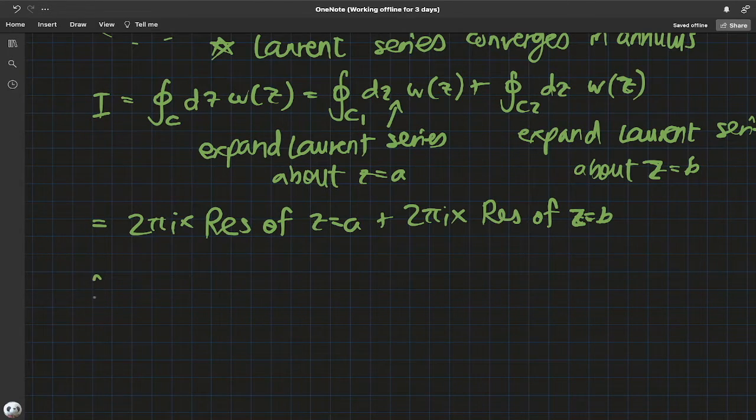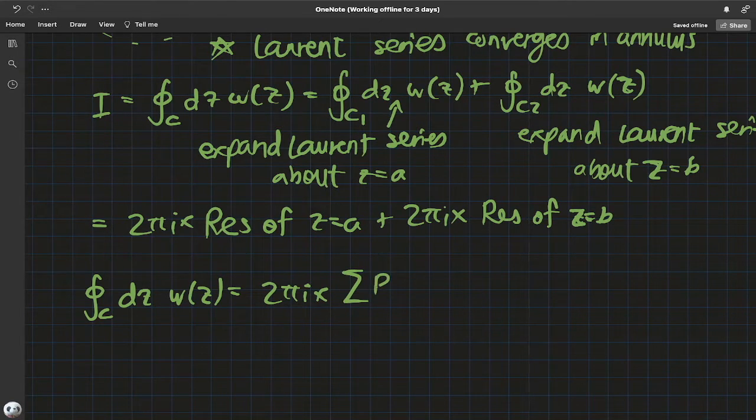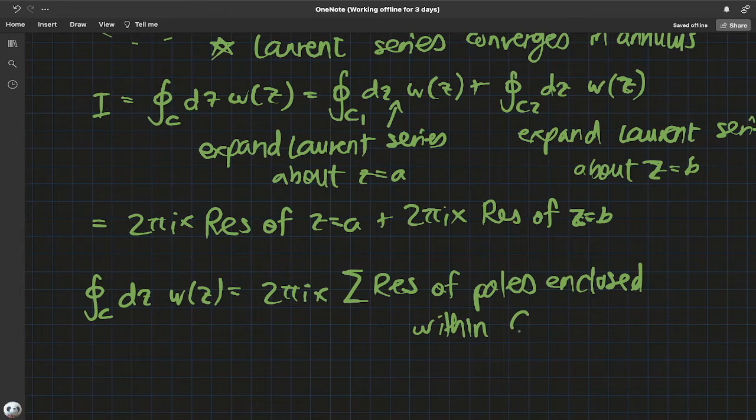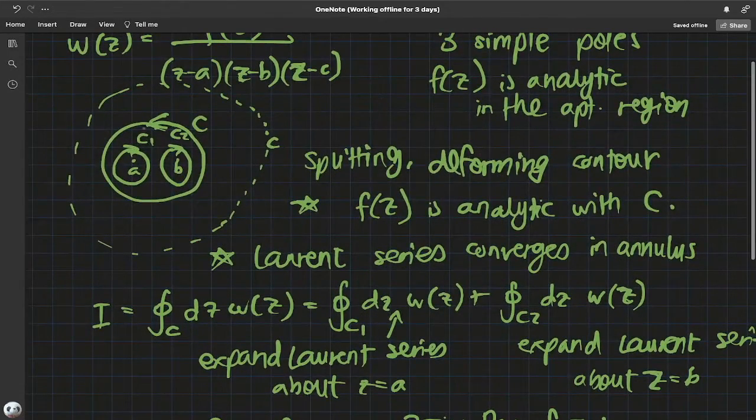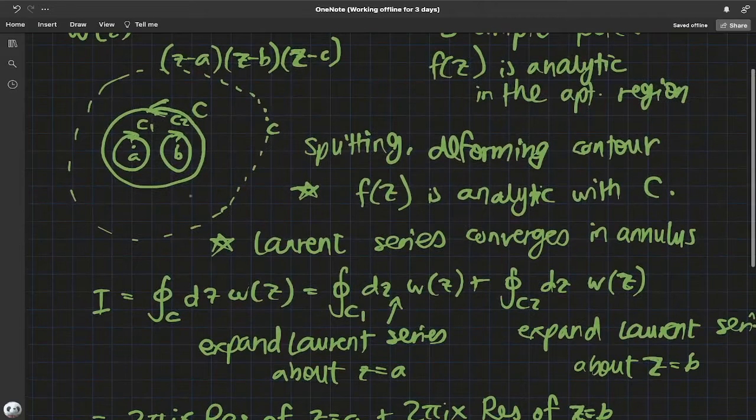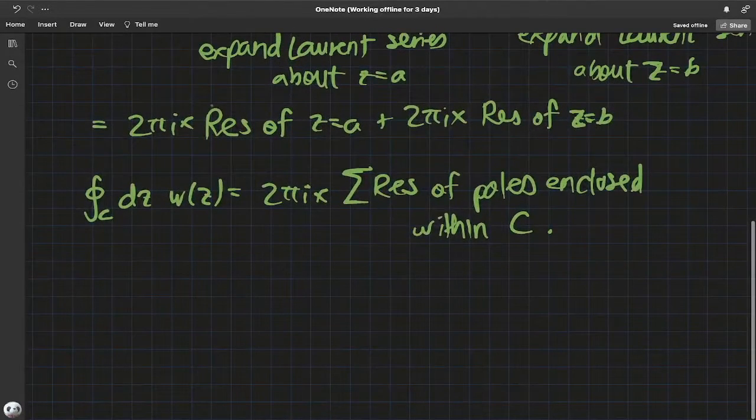To generalize this idea of multiple poles, we can come up with this nice formula: 2 pi i times the sum of residues of poles enclosed within the contour of integration, which is C. Although we found C1 and C2 separately, all of these are ultimately within C, because C is the biggest contour that encloses them.